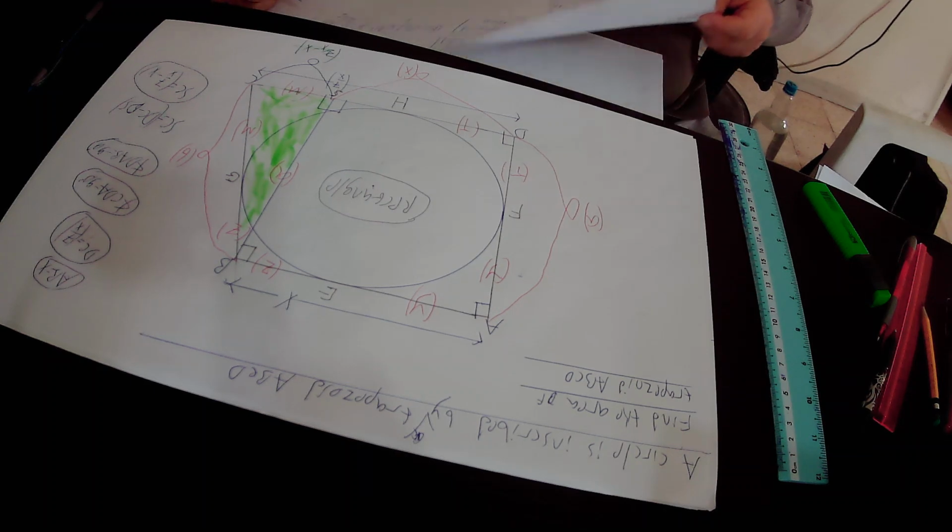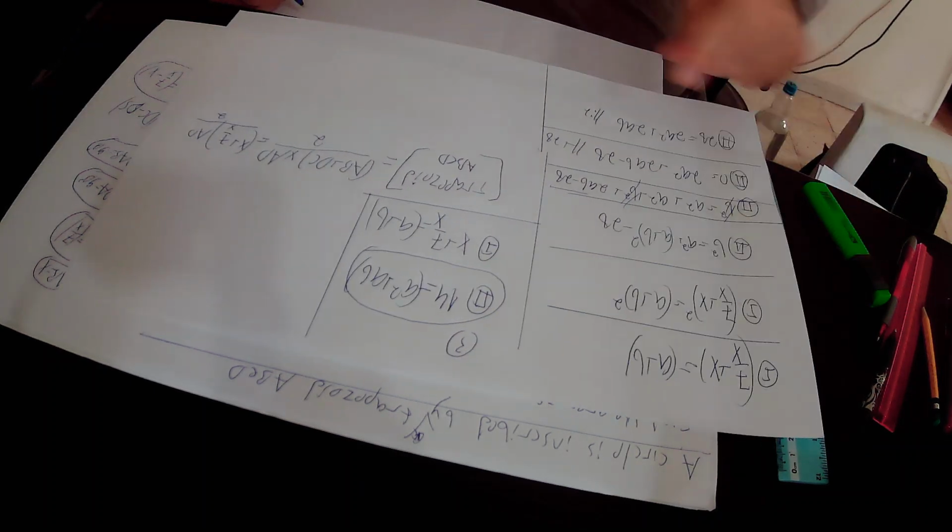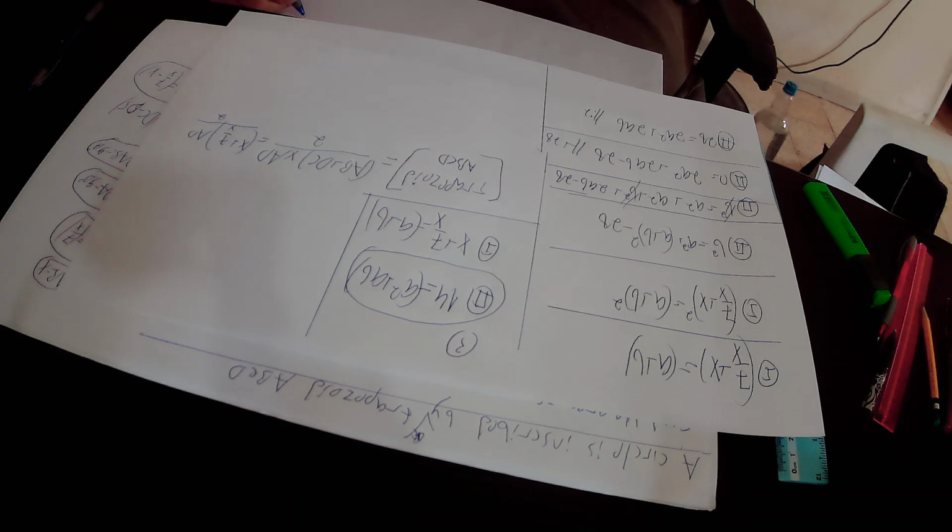So in conclusion, I should find out that the area of trapezoid ABCD equals (X plus 7 over X) times AD over 2.